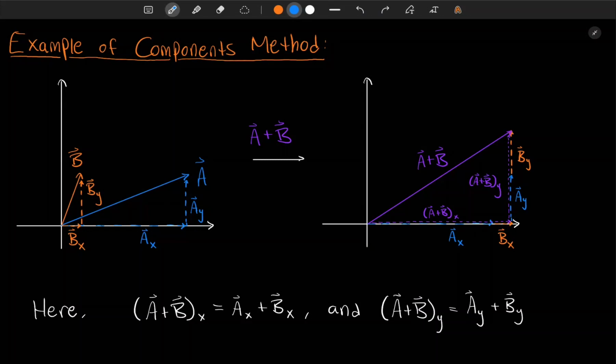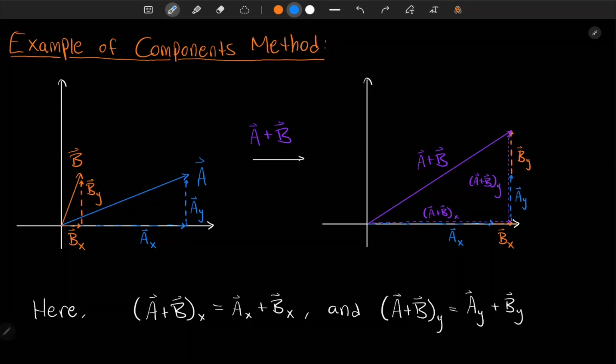As an example, consider the same a and b that we had before. Now, I can make the x and y components obvious for these two vectors. So these dotted lines here, the blue dotted line on the x-axis is ax, and this y dotted line is ay. So these are the x and y components of a. Then for b, this dotted line here in orange is bx, and the dotted line moving up is by.